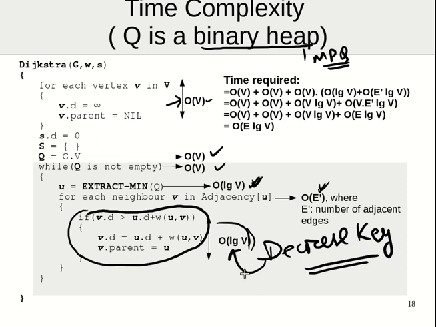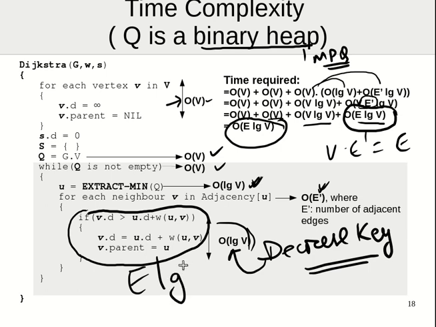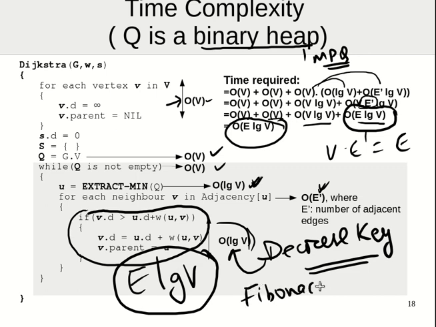So with log V time, the total is V plus V into log V plus e dash log V. So this is V log V plus V e dash log V. We know that V into e dash is nothing but E, so this is E log V, and this is V log V. Out of all these, E into log V is of the highest order, so the time complexity is E log V. This can be further improved if you use something called a Fibonacci heap.